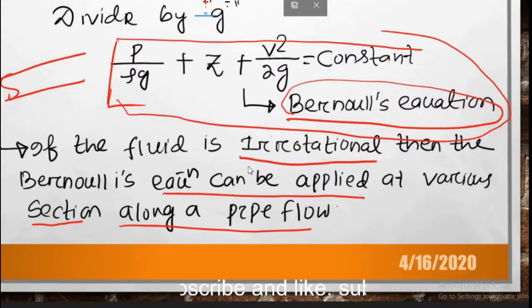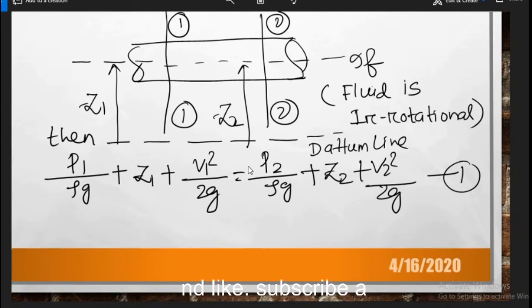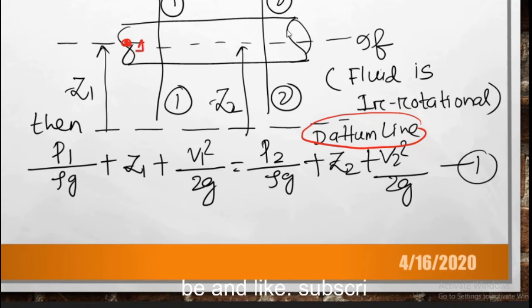That I have written in the next slide. You see, if the fluid is irrotational, then we can write this one. Now if you see this pipe flow, suppose this is my datum line. From this datum line, suppose this is point 1, or section 1, which is at Z1 distance, and this is section 2, which is at distance Z2.